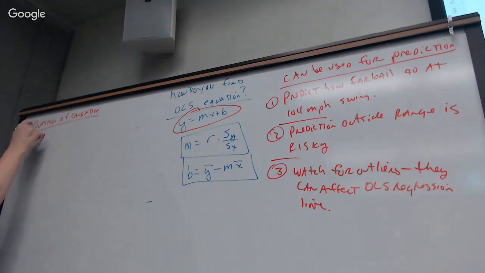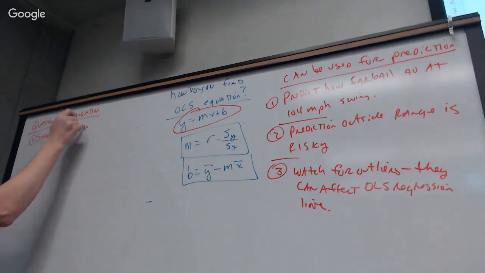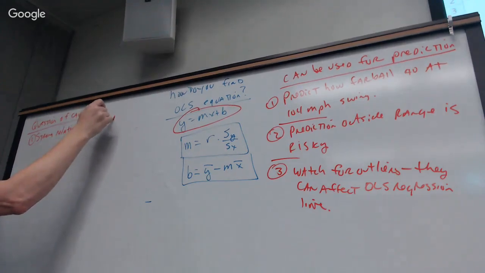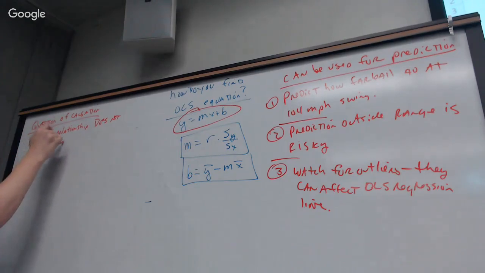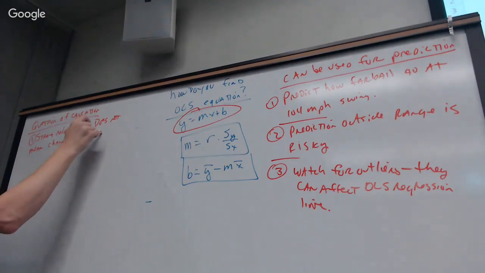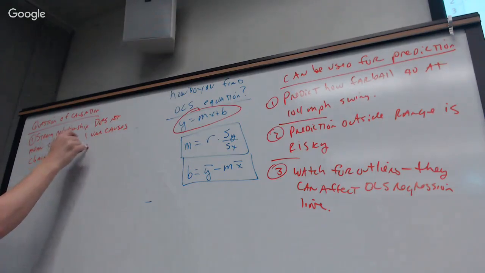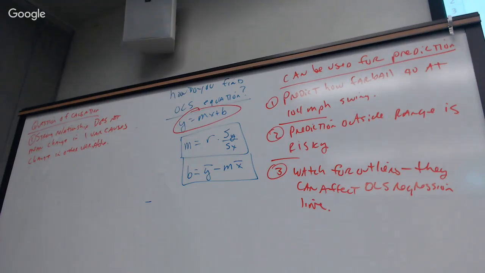Number one, a strong relationship does not mean a change in one variable causes change in the other variable. And you remember last time we talked about polio and ice cream? Does ice cream cause polio?